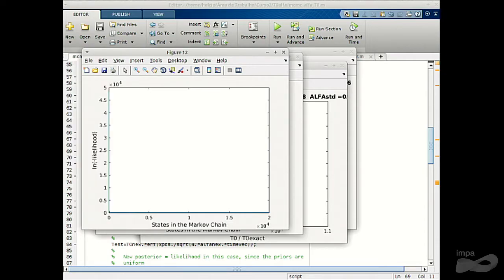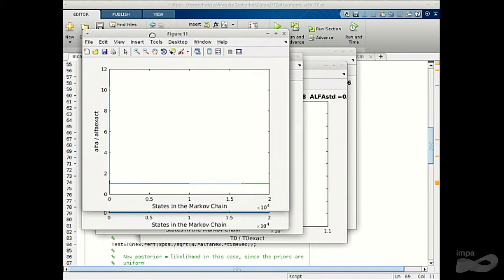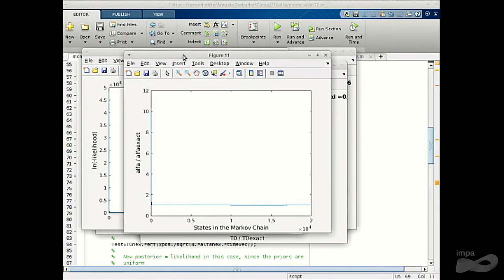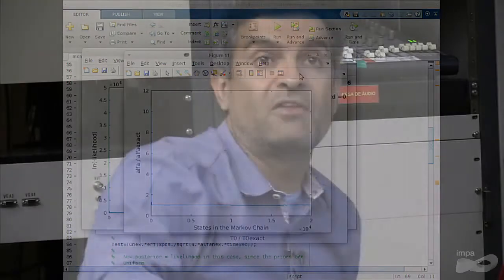And this is the Markov chain for alpha. You see that we started sampling, generating candidates up to a point where we accepted a value close to 1, and then we stay there.